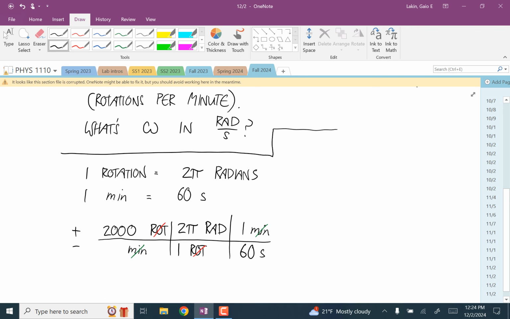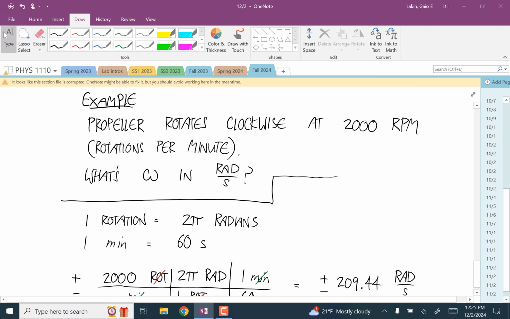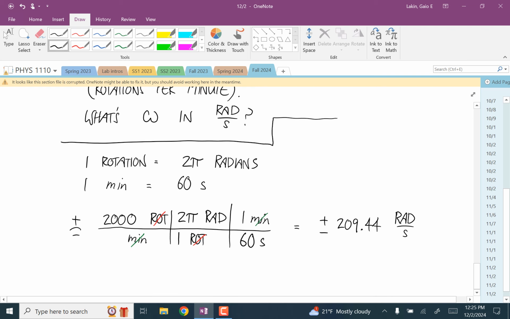Now we just have to multiply all these values out, and you get plus or minus 209.44 radians per second. Now we have to think about the direction. It says that it's rotating clockwise. Is that positive or negative? Negative. And so our answer is negative 209.44 radians per second.